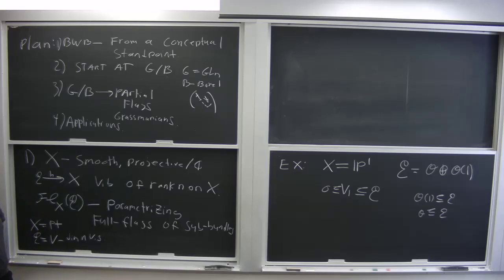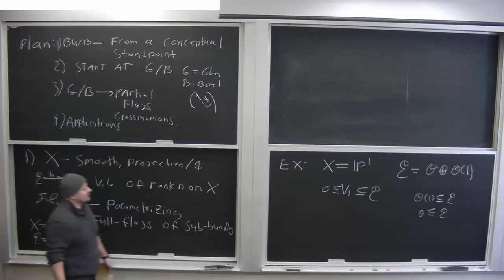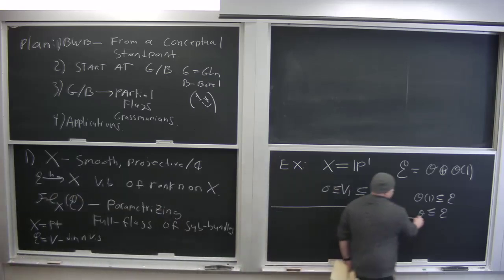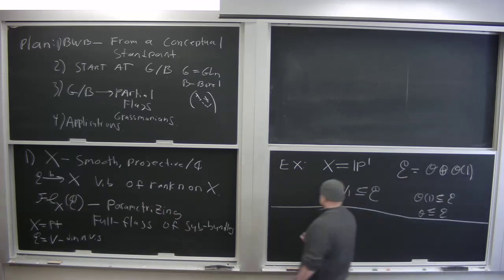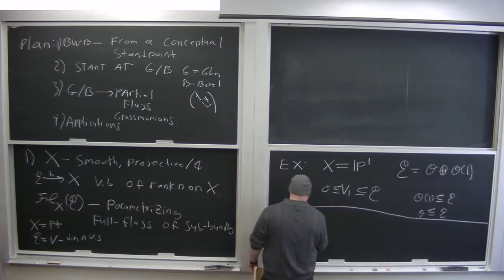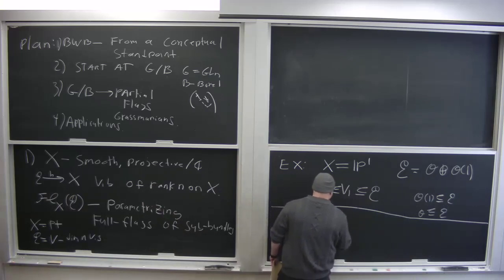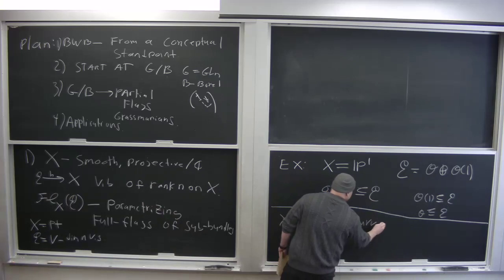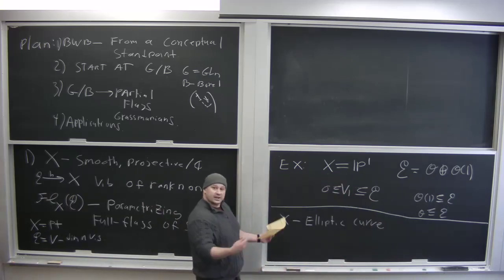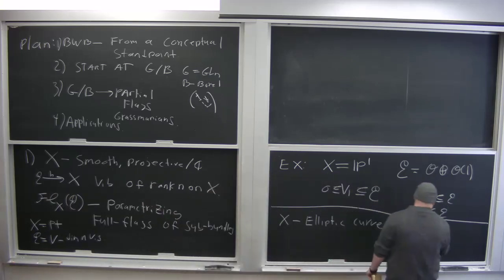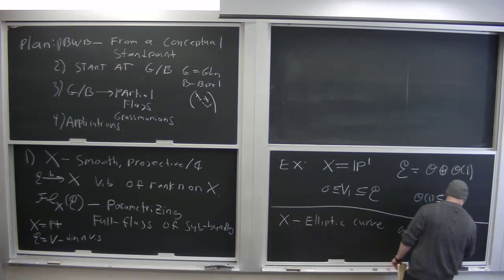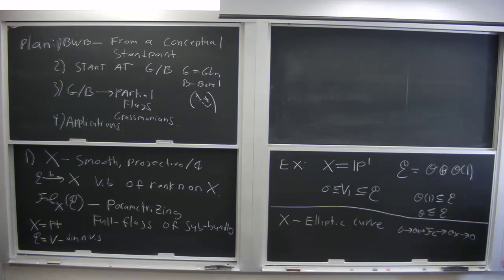Yeah, with a vector bundle. So that's one. Another, maybe a more interesting example, would be where X is an elliptic curve. What could I do? Well, there is a unique non-trivial extension here, and I could ask for flags of this thing.